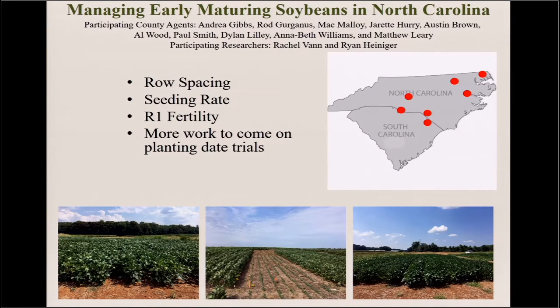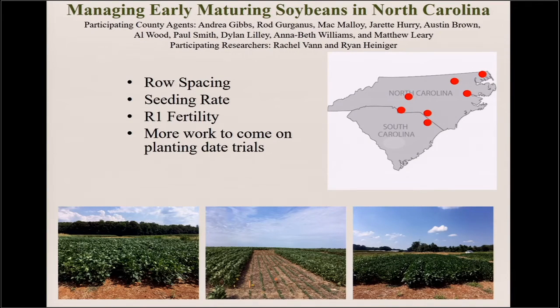So knowing there's a lot of interest in managing earlier maturing soybeans across North Carolina, we had some progressive county extension agents out east start some fundamental agronomic research with these earlier maturing soybeans, and Ryan Heiniger and I got involved to make sure some of this work was replicated in the Piedmont.